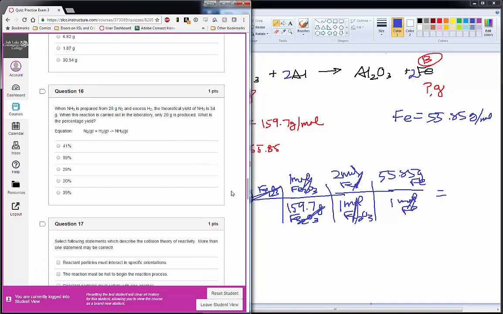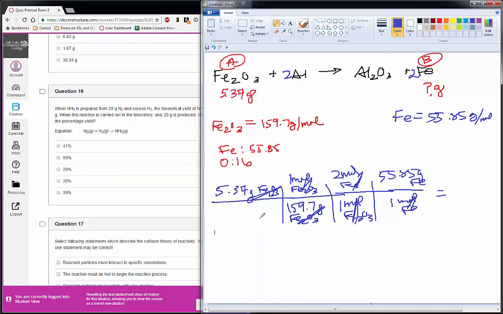Next, I've got another equation, pretty similar. I'm preparing NH3 from N2 and H2. Okay, so N2 plus H2 goes to form NH3. And it says NH3 is prepared from 28 grams of N2 and excess H2, so I've got enough of this to go as far as I want.